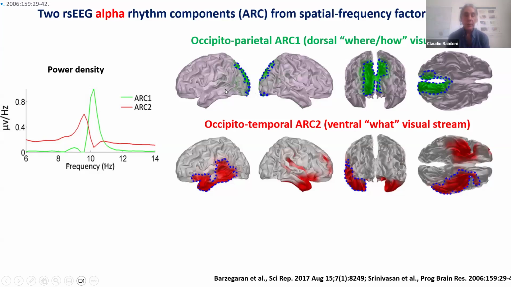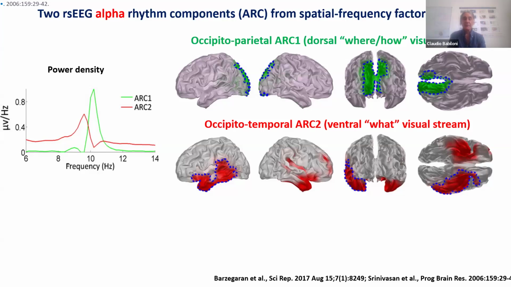The authors were able to disentangle two main principal components of recorded EEG activity by means of principal component analysis.